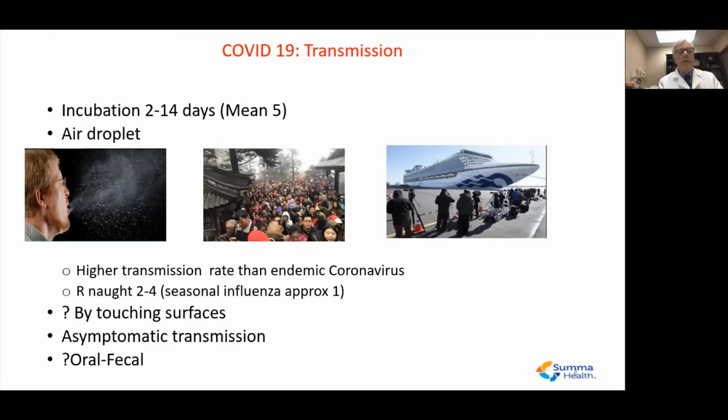That score is 2 to 4, which means that every infected patient is likely to infect somewhere between 2 and 4 other people. If you compare that with seasonal influenza, it's usually only about 1. So you can see the increased rate of transmission. We've already mentioned that it can likely be transmitted by touching infected surfaces, and that there is asymptomatic transmission. Next slide.